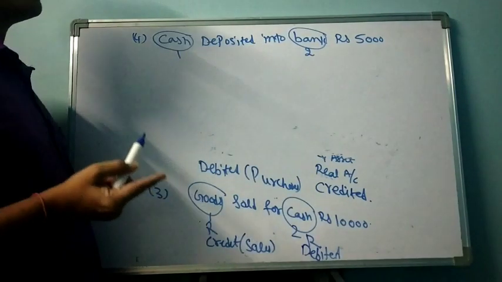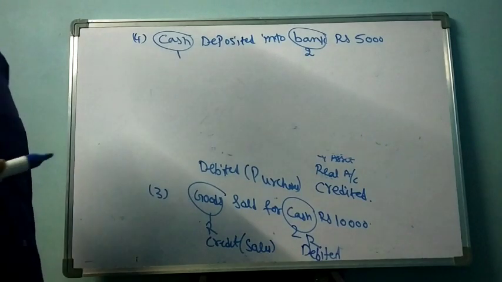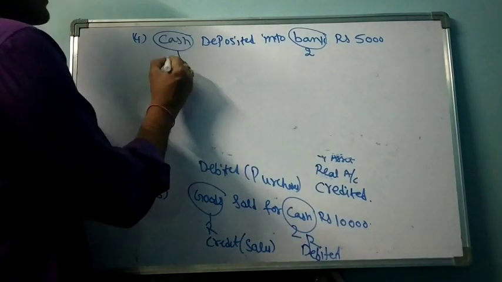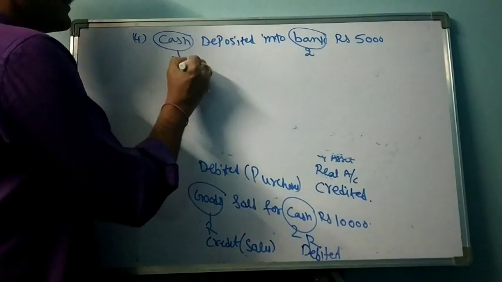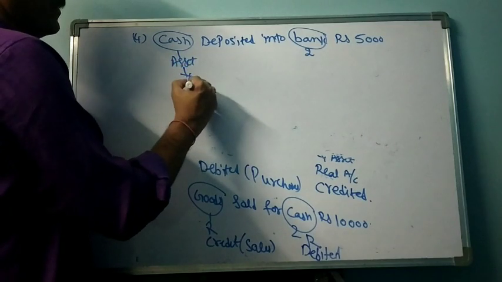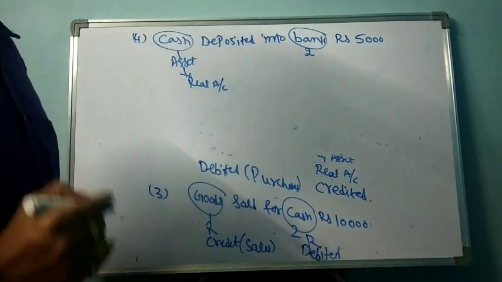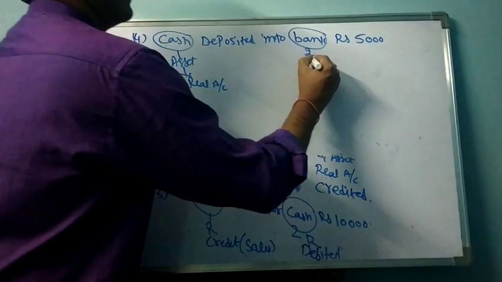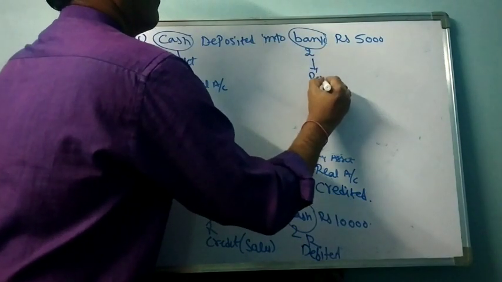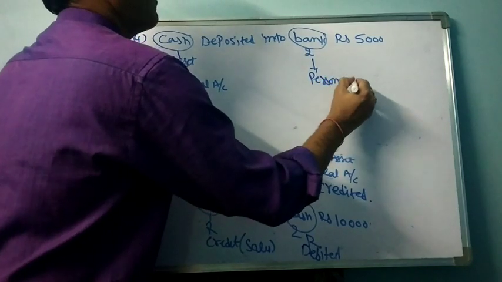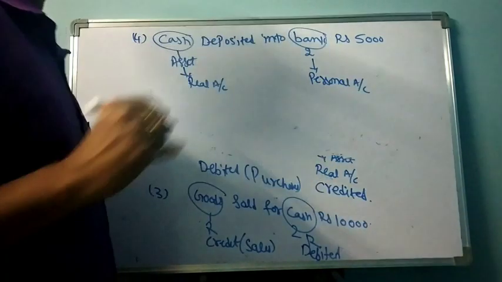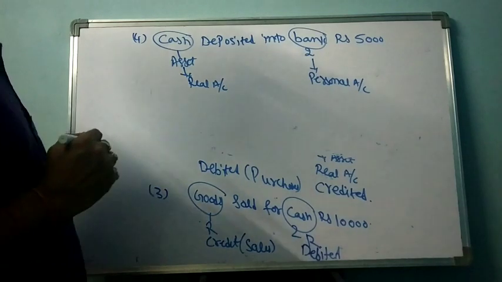Step number 2 is what? Identify the nature of account. Cash is an asset. Assets come under real account. Remember, bank comes under personal account. But it is not a natural person like Rama, Krishna.